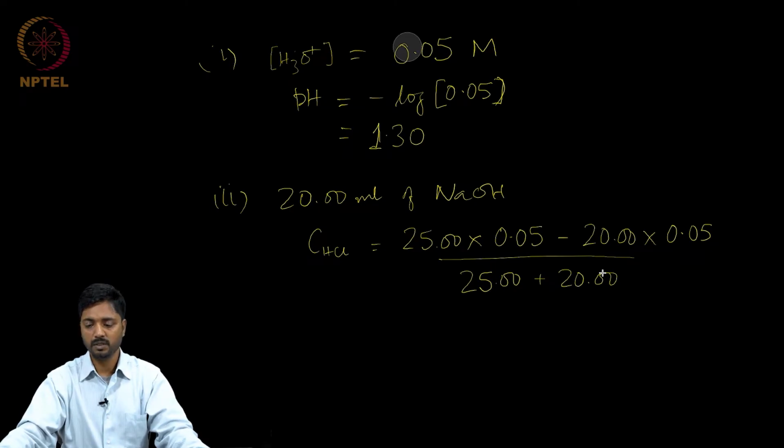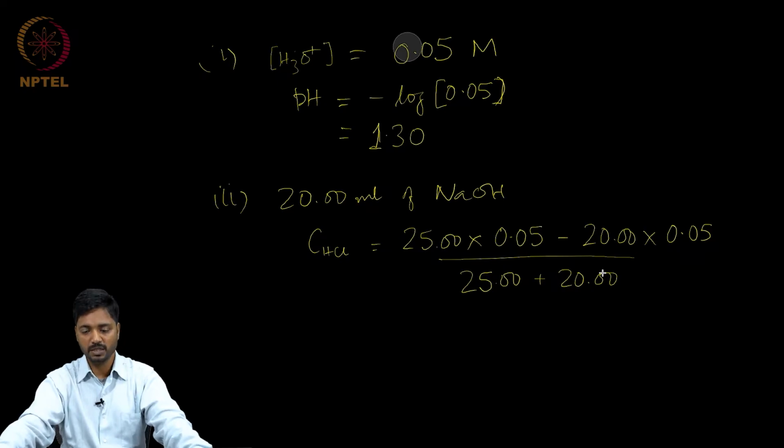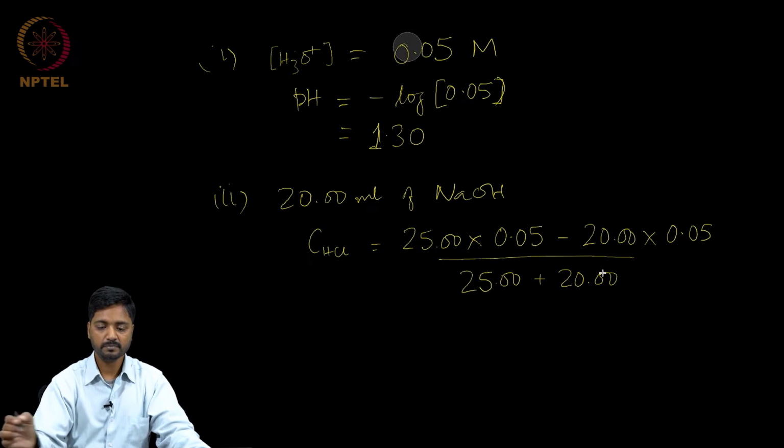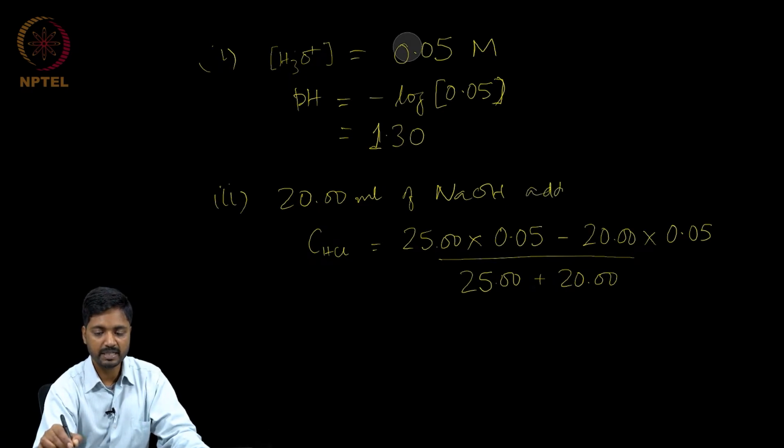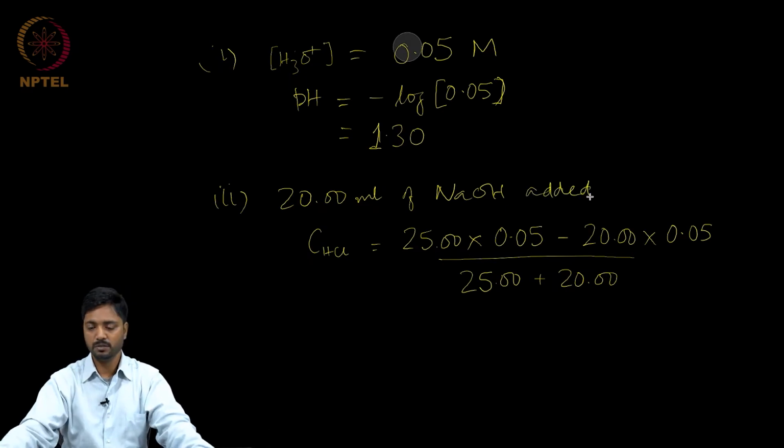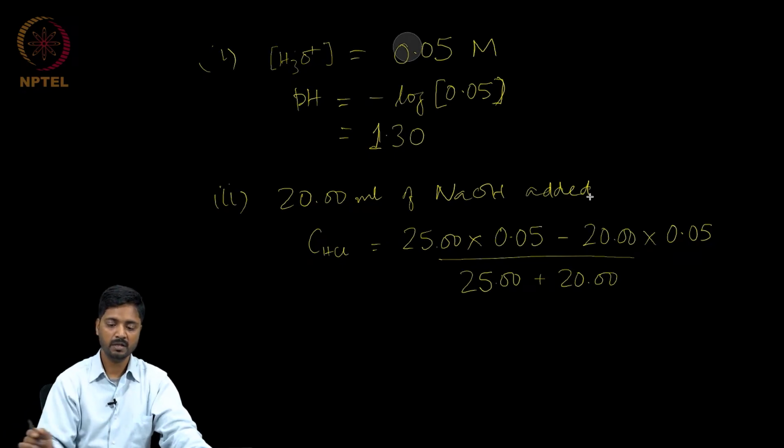So, the 25.00 is the initial volume and 20 ml is the sodium hydroxide that has been added to this titrating mixture.